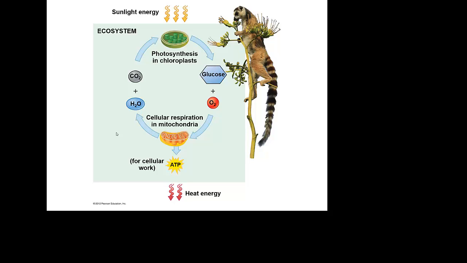That is not an efficient way or an effective way for you to store energy. So we have to take that and very methodically break down that glucose, and with every step store as much energy as we can. And so that stored energy or potential energy is in the form of ATP.